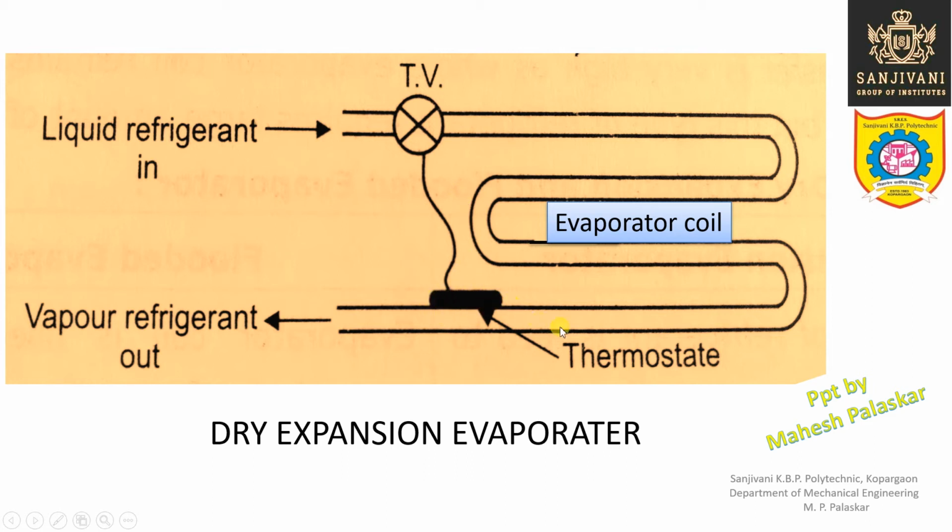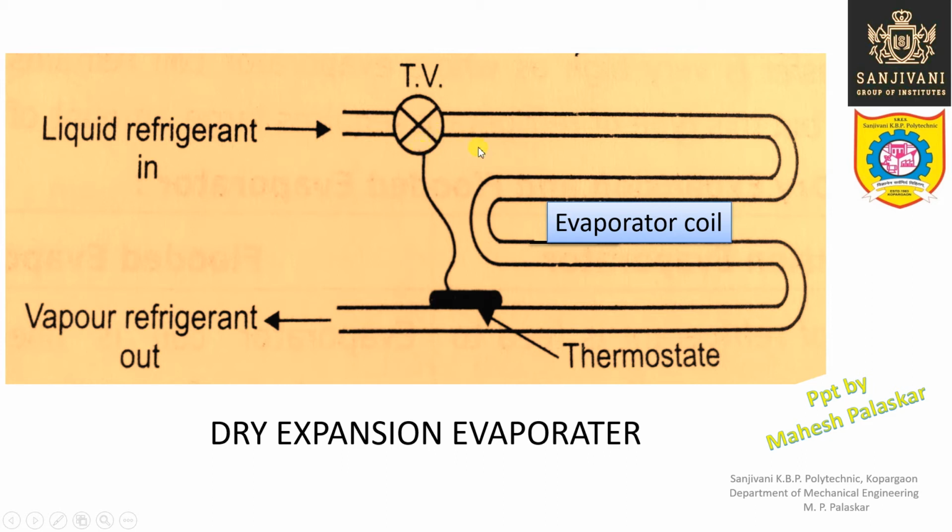The temperature of the refrigerant is sensed and that feedback is given to the valve, and according to this feedback, the opening and closing area of the valve is controlled, and thus the flow rate of the refrigerant passing through the evaporator coil is controlled by this valve, right?